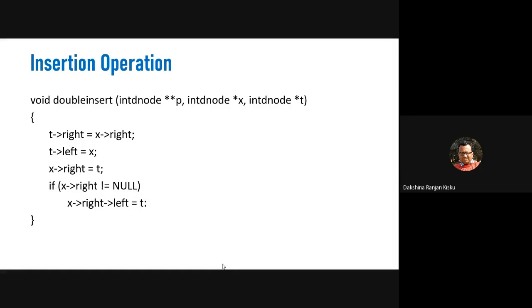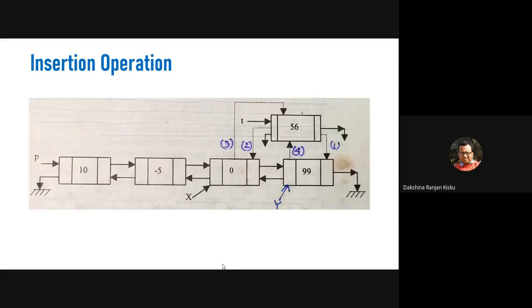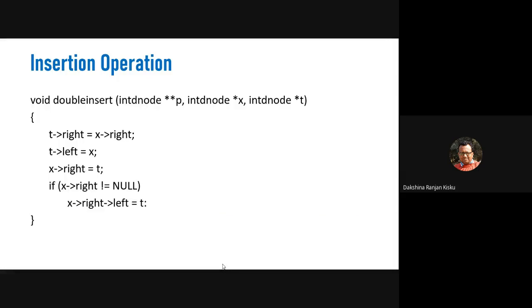What is x right? x right means the right pointer of the node which is pointed to by x. So we are writing x right equals to t. Now we are checking whether x right is not equal to null.